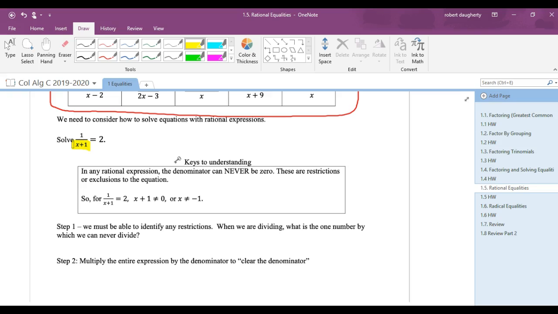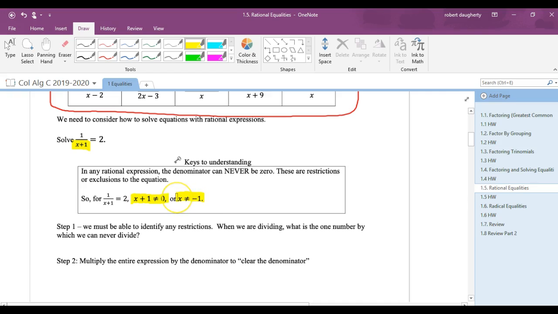If x plus 1 is 0, that gives me 1 over 0. So that's the condition that I cannot have, okay? So in this particular problem, x plus 1 cannot be equal to 0. So if x plus 1 cannot be equal to 0, what can x not be equal to?